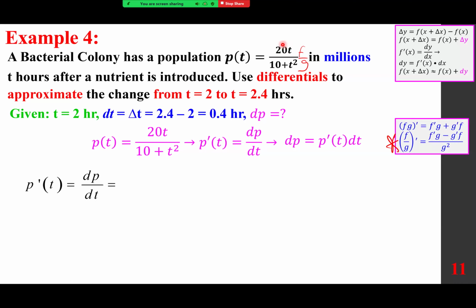The numerator is 20t. Differentiation with respect to t gives us 20 times the denominator, which is g, 10 plus t squared, minus g prime, the derivative gives us 2t, times f, the numerator is 20t, and finally g squared, just write the denominator in the parentheses and square it.